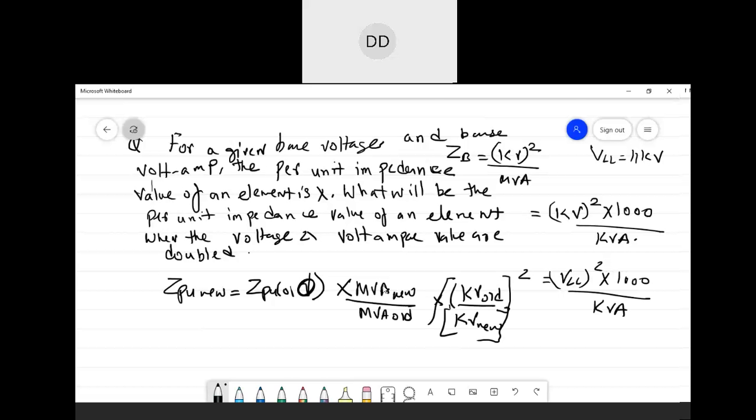What it does is double the value of the MVA. The old value you have to double there, and the new value you have to see.